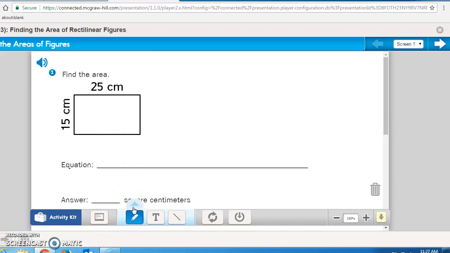So for this equation, you should know that you're going to take 25 times 15. And that's going to give you your area, because we multiply for area. I'm going to do partial products over here to show you again how to work it.